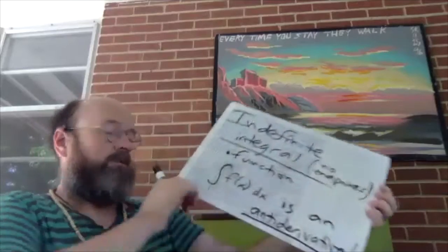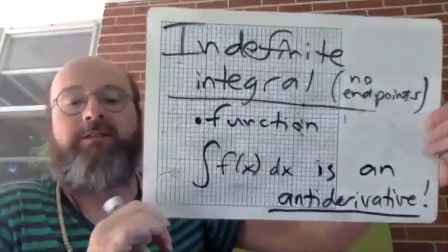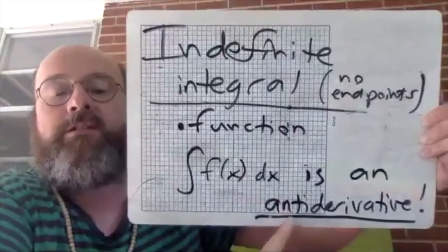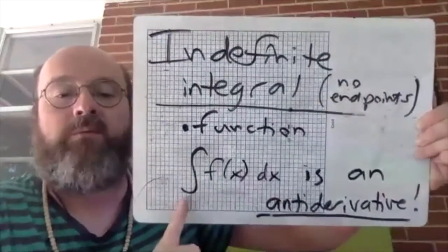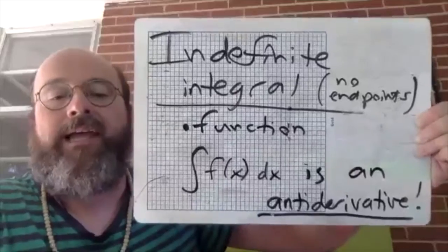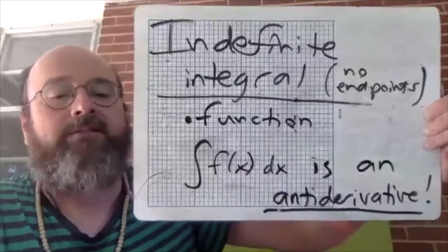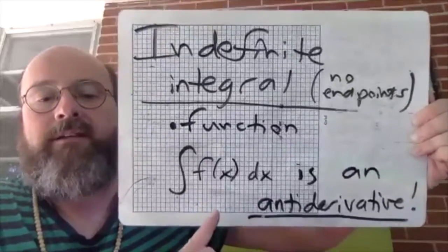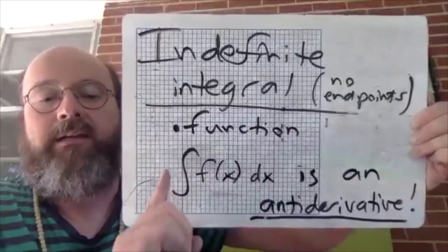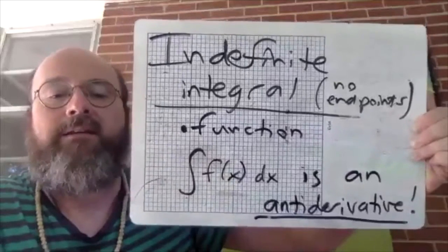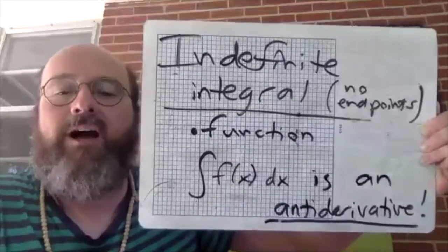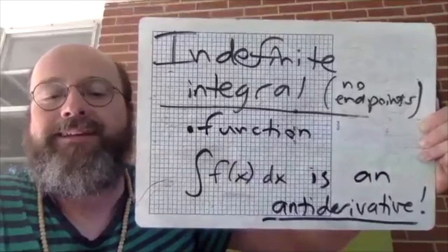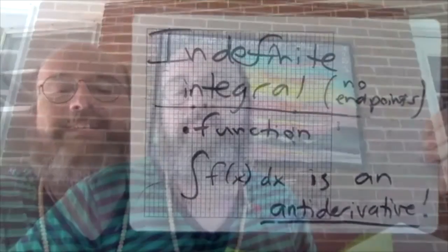Indefinite integrals are antiderivatives. This is the function version of what an integral means. Antiderivatives are kind of like the opposites of derivatives. And in a similar way, integrals are kind of like the opposites of slope. We'll talk more about that in the next mini lecture.